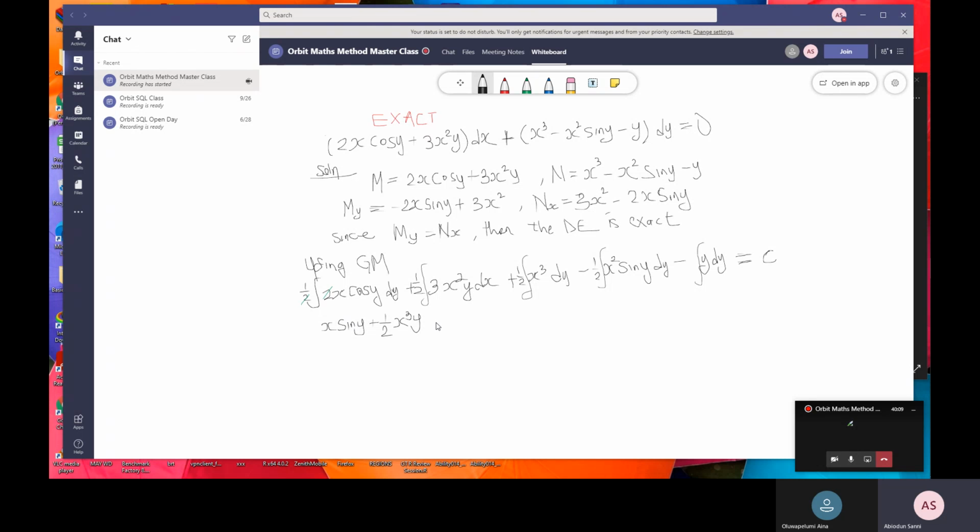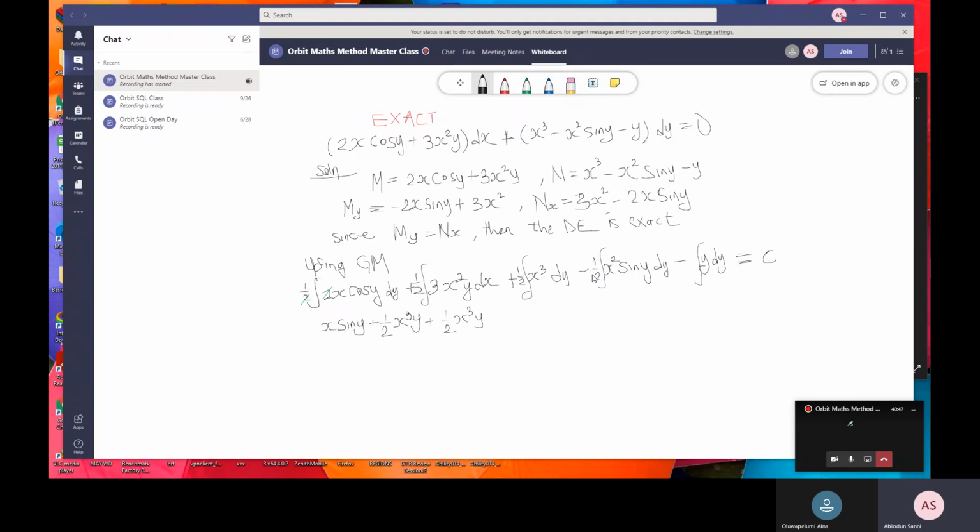Plus, now this one, x is a constant. So integrate dy with respect to y, I have y. I'm going to have x cubed y also here. Then here also, x is a constant too. So I'm going to have plus, if you integrate sin y with respect to y, I will have minus cos y.